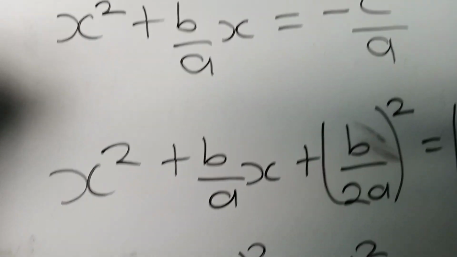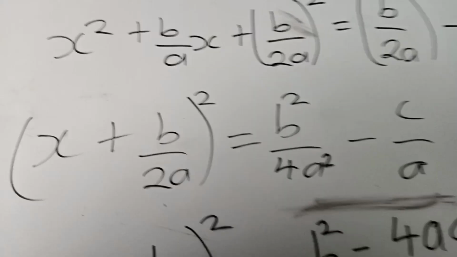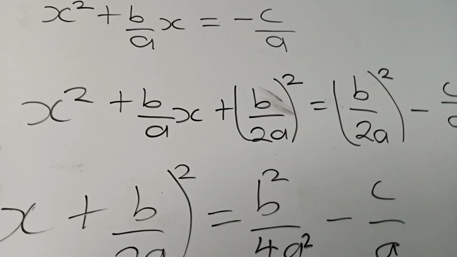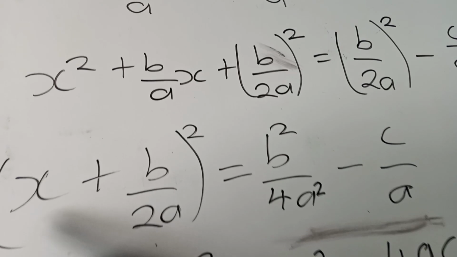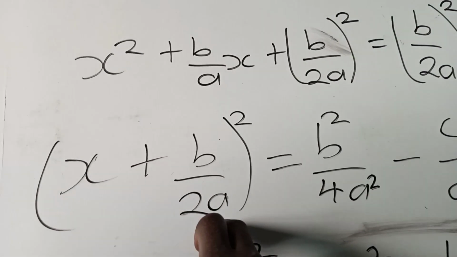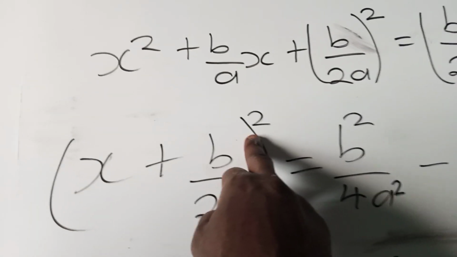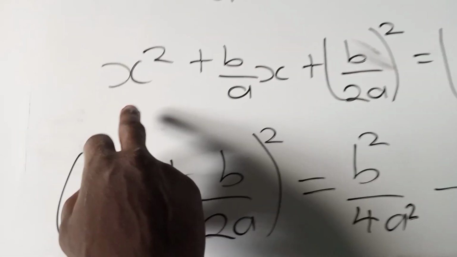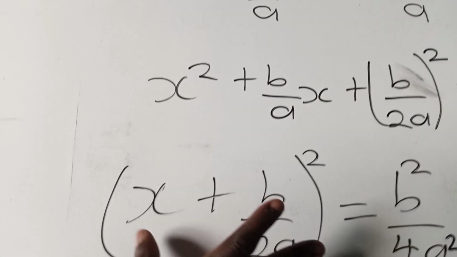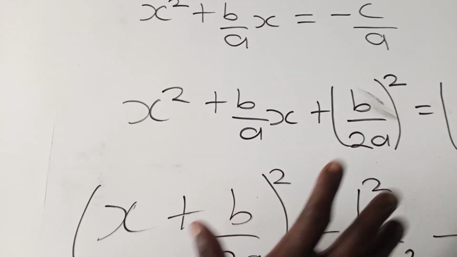So you get to have x plus b over 2a all squared. When you expand this, you're going to get this.